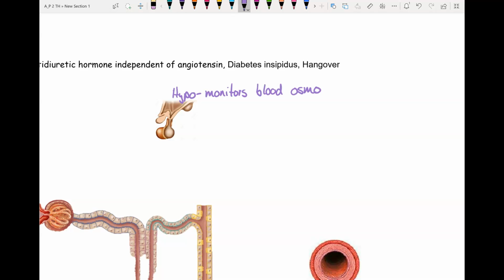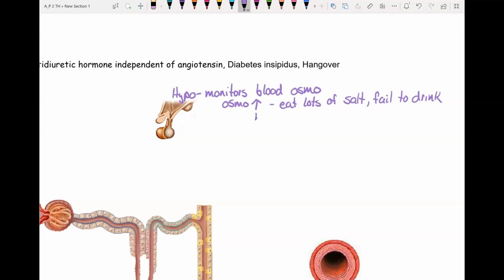And anytime your osmolarity gets too high, so this would be like if you eat lots of salt, or if you fail to drink, that's going to increase the osmolarity.